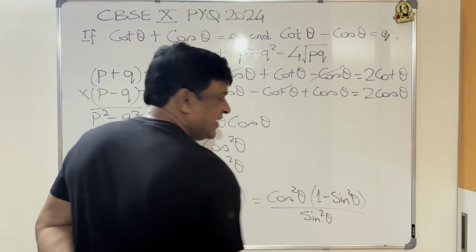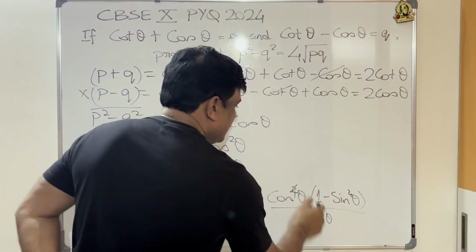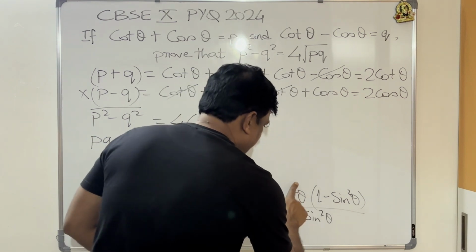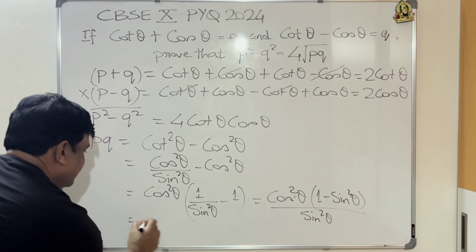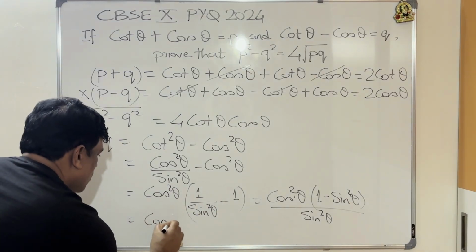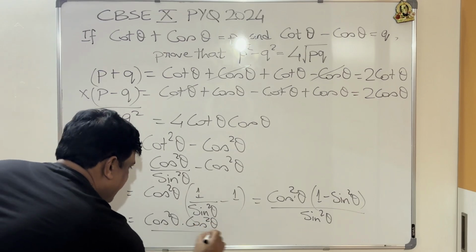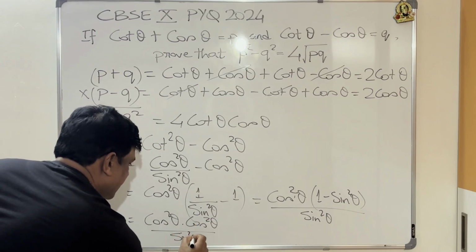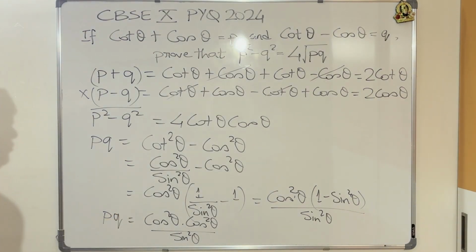What is 1 minus sin square theta? It is nothing but cos square theta. I can write it as cos square theta times cos square theta divided by sin square theta. Look at it. So PQ is equal to this one.